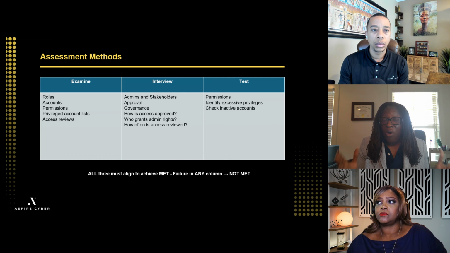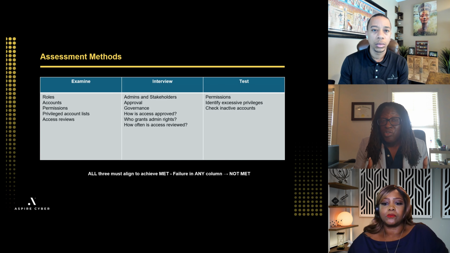So when you take all of those assessment methods together, they present a very effective picture if that OSC is presenting you with adequate and sufficient information to make that determination of met or not met.